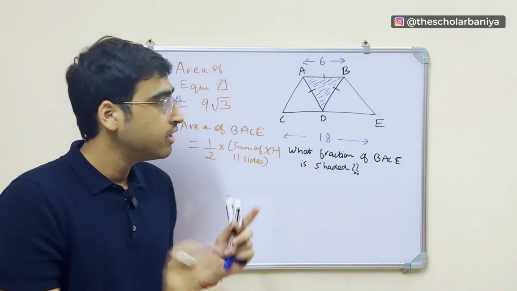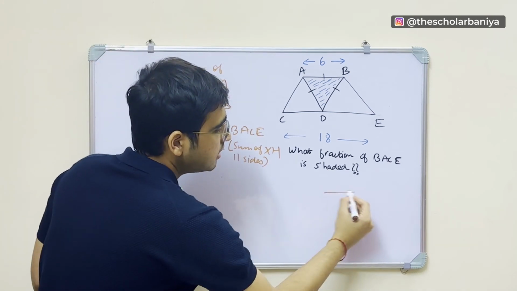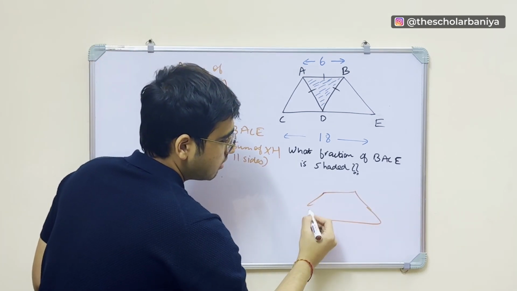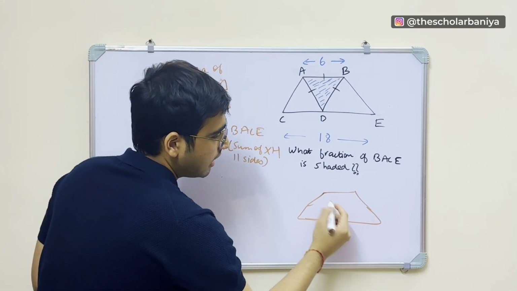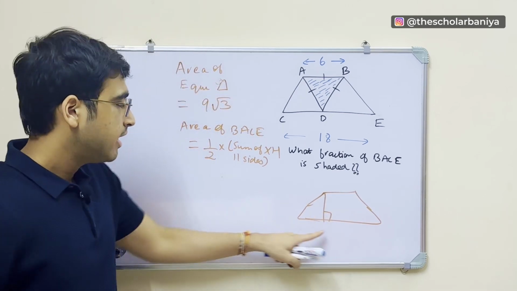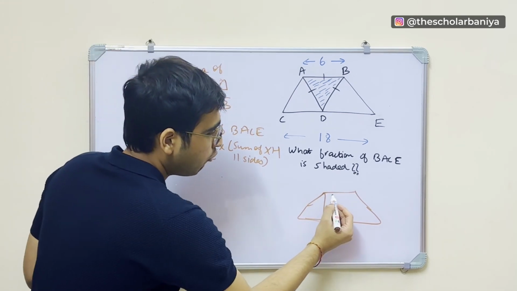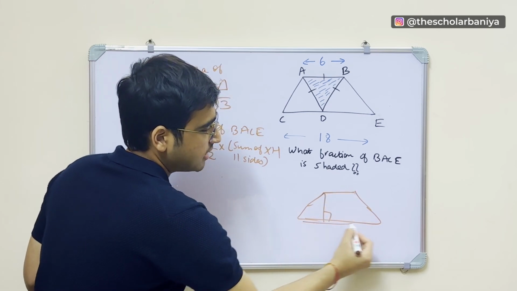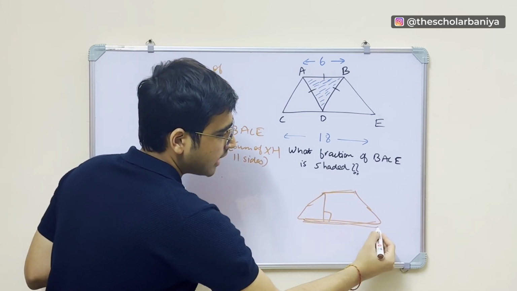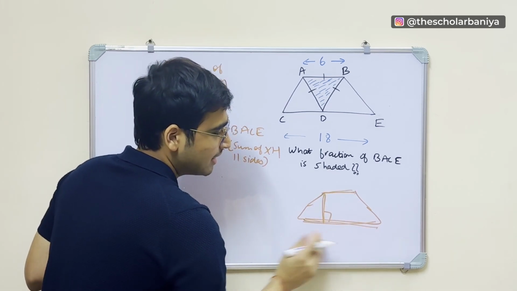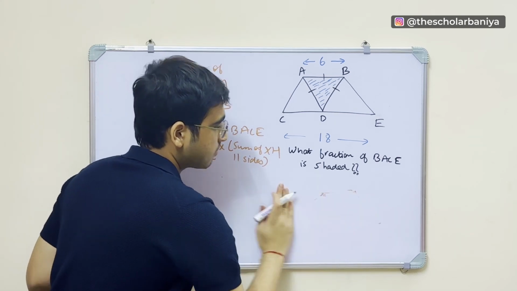For any given trapezoid, a figure in which two sides are parallel, and this is the height, the area is half into the sum of parallel sides into the height. These are the two parallel sides, right? This is the area.